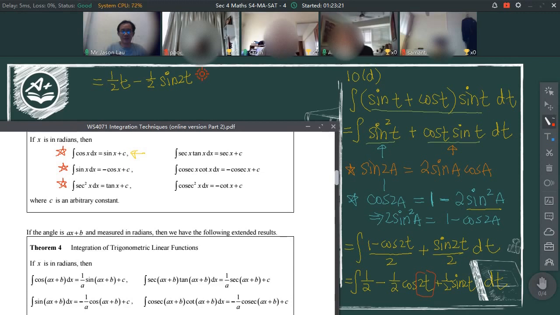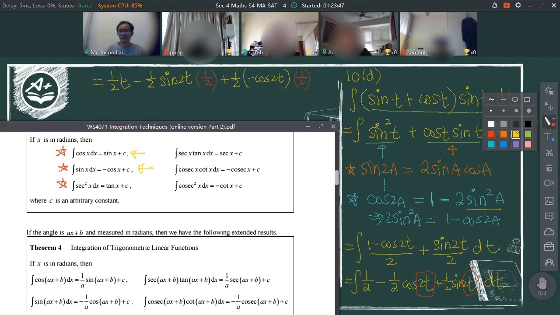You get 2 and you reciprocate it. Then the third one, plus half. Integrate sine is negative cosine, so you get negative cosine 2t, and the angle again is not the simple angle, it's 2t not t, so you chain rule it, it becomes 2, in integration becomes half, and plus c.